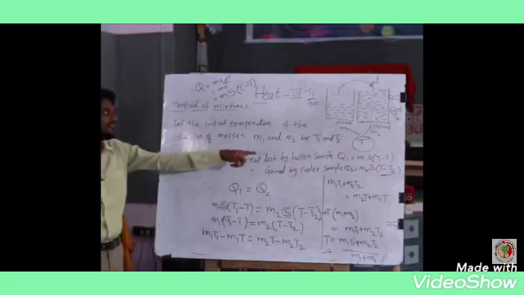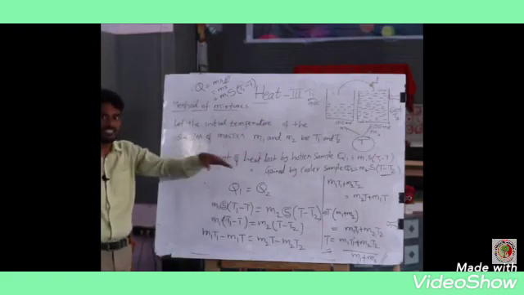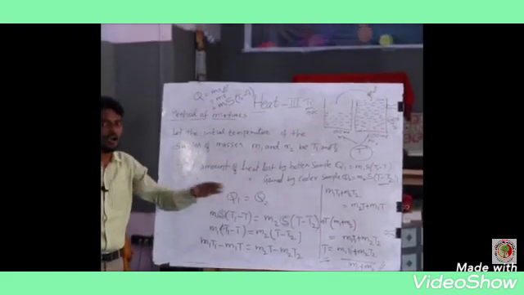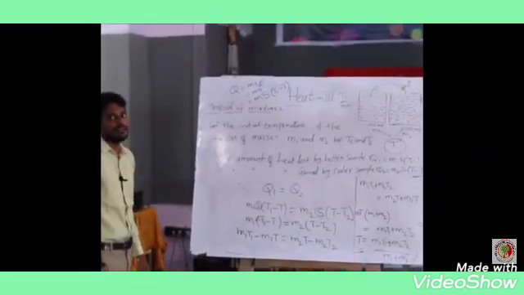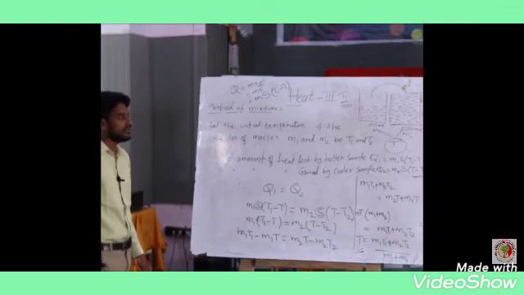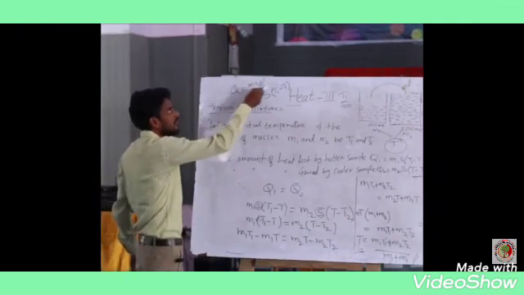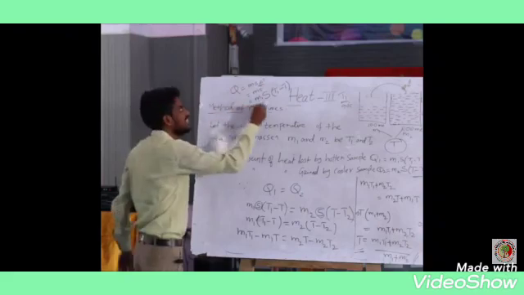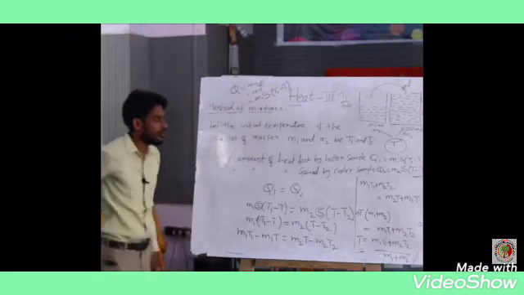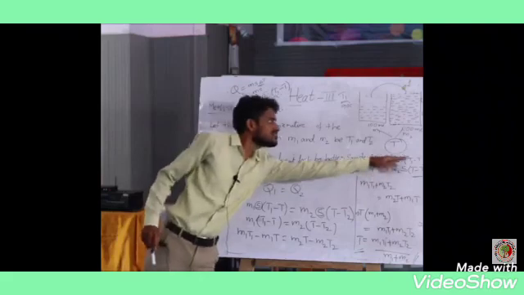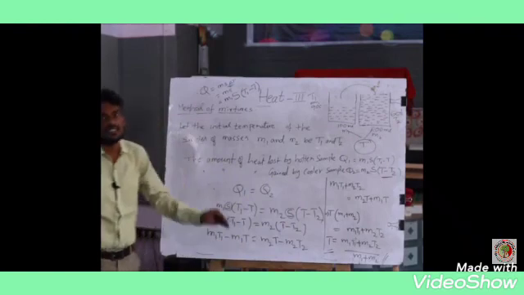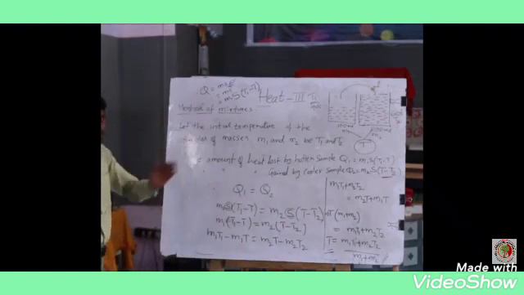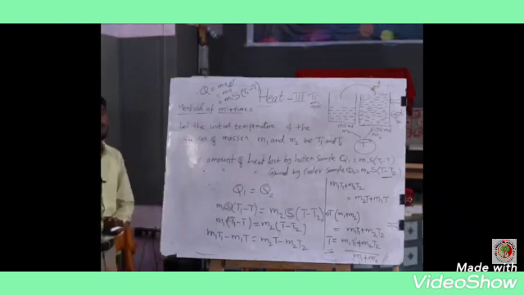That's why M1 S (T1 minus T) is the heat lost, and T minus T2 is the temperature change for heat gained. Got it? Heat should always be in the form of M S T, where delta T means temperature difference. This is the final temperature derivation.